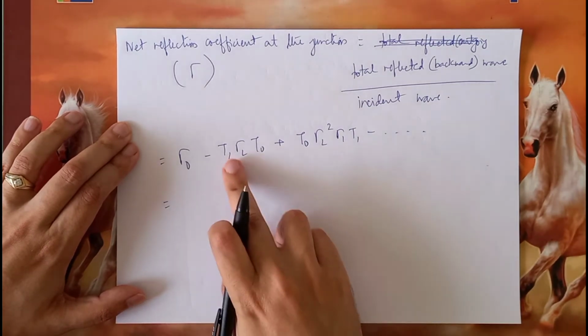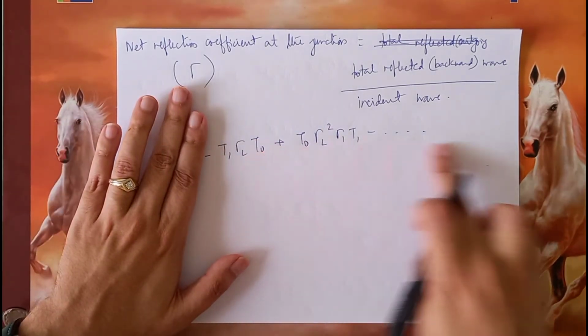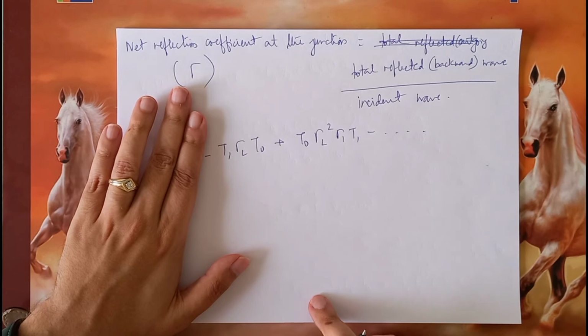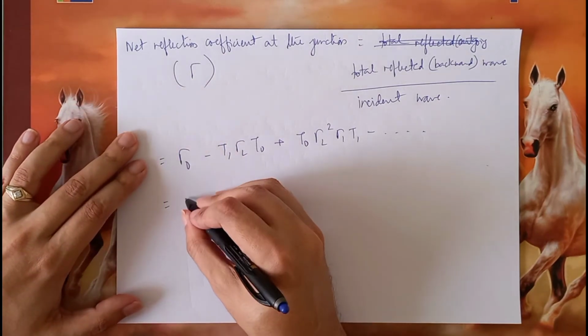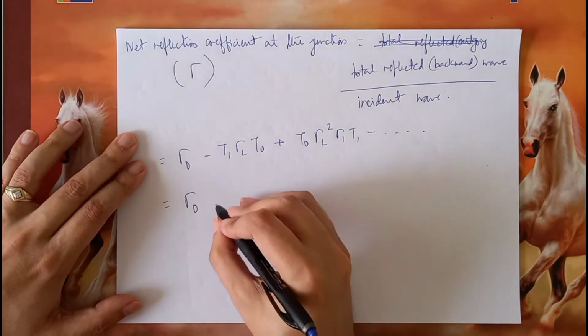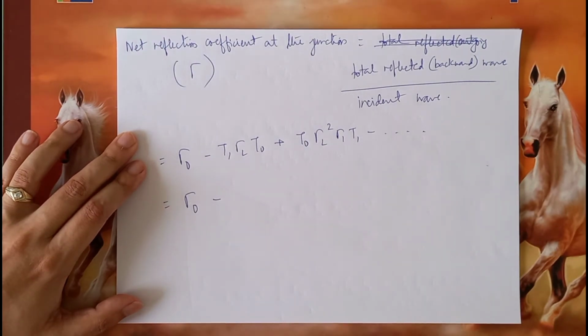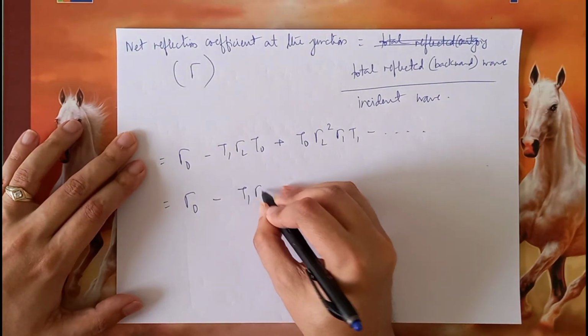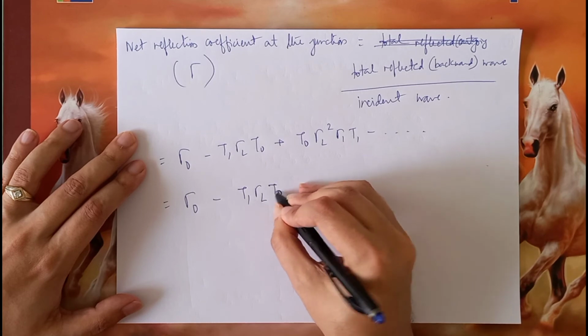You can effectively take this term common out of all of the remaining terms and show that this essentially is a geometric progression. This becomes gamma 0 minus T1 gamma L T0.